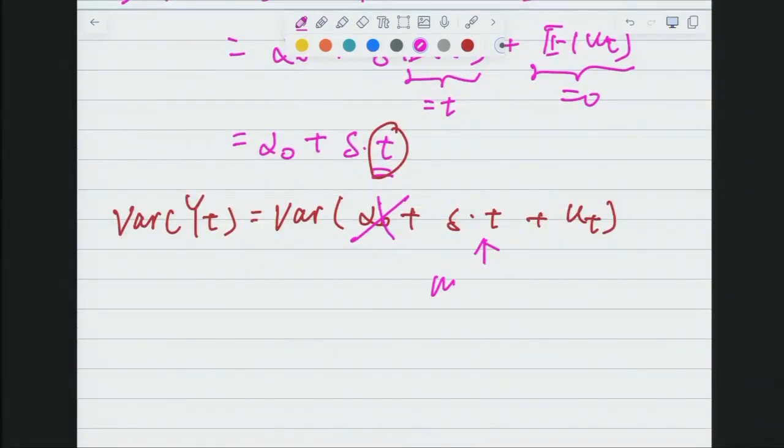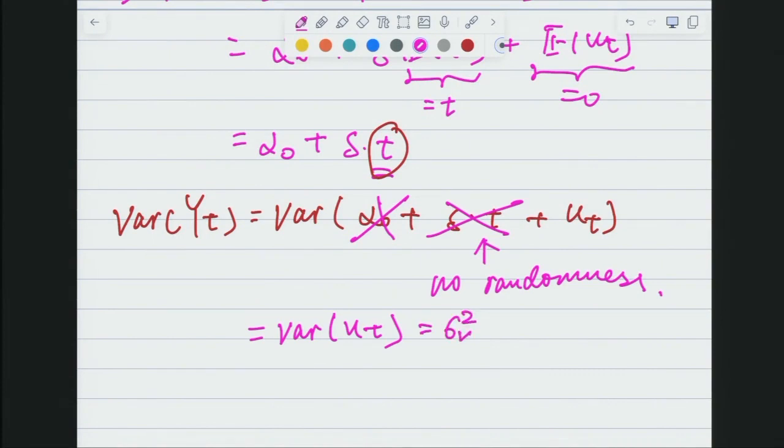Only a random variable can have a non-zero variance. Given that it's deterministic, it's perfectly known, there's no variance in t. Therefore, the variance of the deterministic trend series is just equal to the variance of the shock, which is sigma squared u, and this is constant over time.